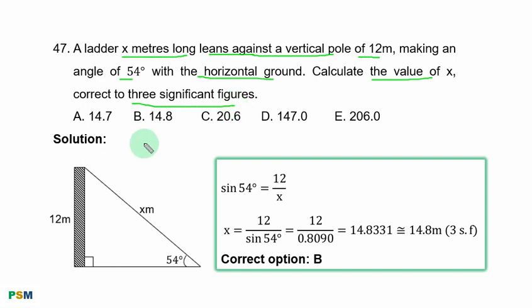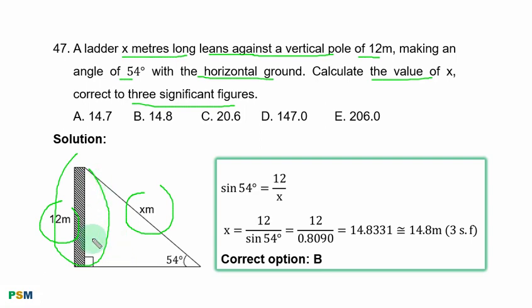Solution: you have the vertical pole, the ladder, horizontal ground. The ladder is S meters long, the height of the pole 12 meters. You have the angle between the ladder and the horizontal ground.